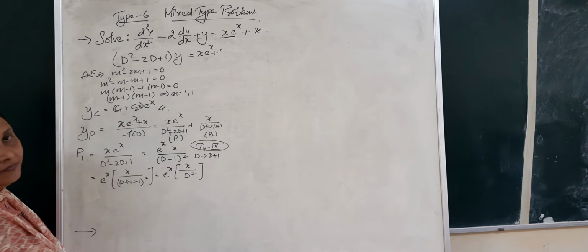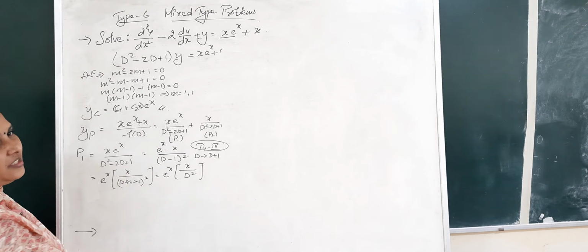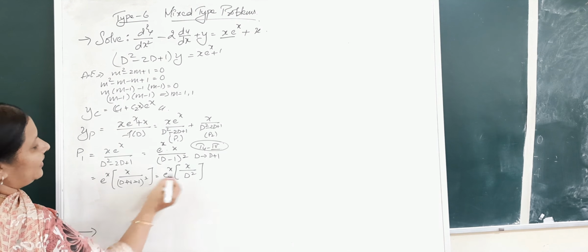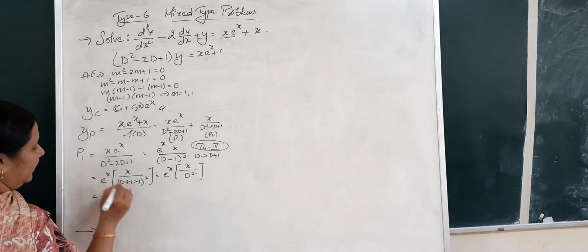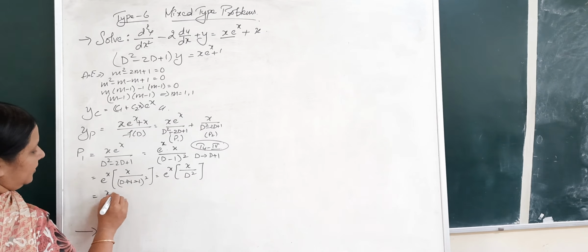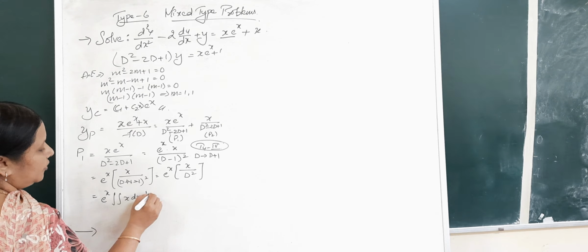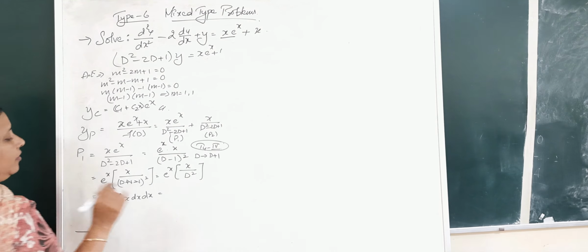So how to do this? 1 by d square actually is a polynomial equation. Rather than applying the long division directly, you double integrate this. So this can be given as, because 1 by d square is there, we will take a double integral x dx dx. This becomes much easier. Alright.